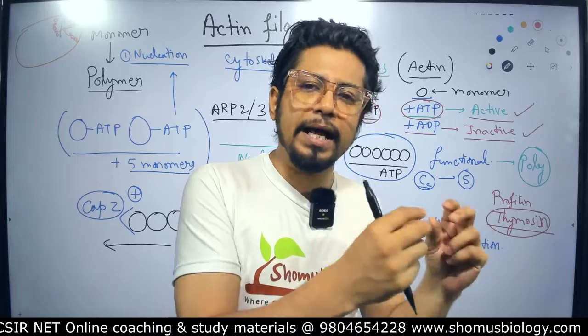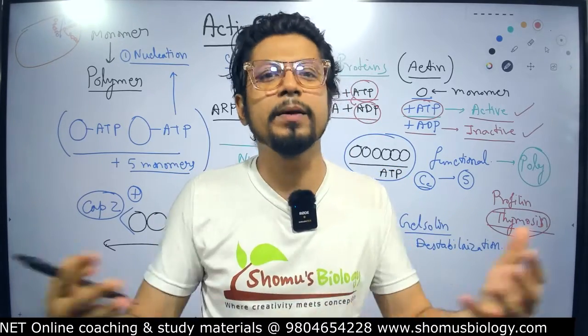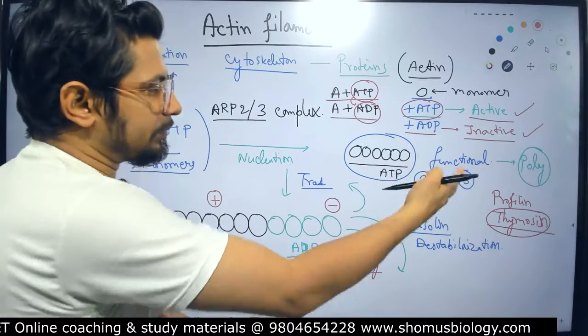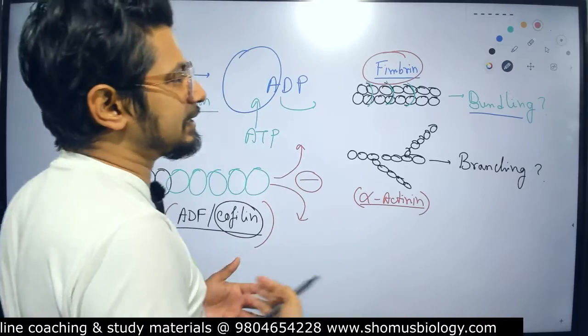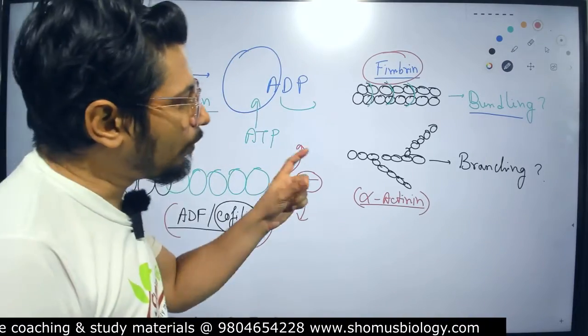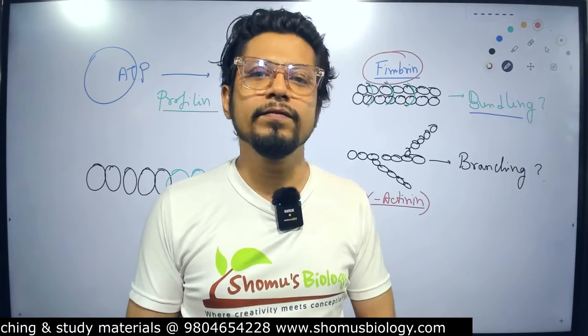So the individual actin monomers need to be sequestered, need to be stored, so that we can utilize them to make polymer again. That is also done by thymosin and profilin, but majorly the role of profilin is the polymerization, while the role of cofilin is the job of destabilization in actin filaments.